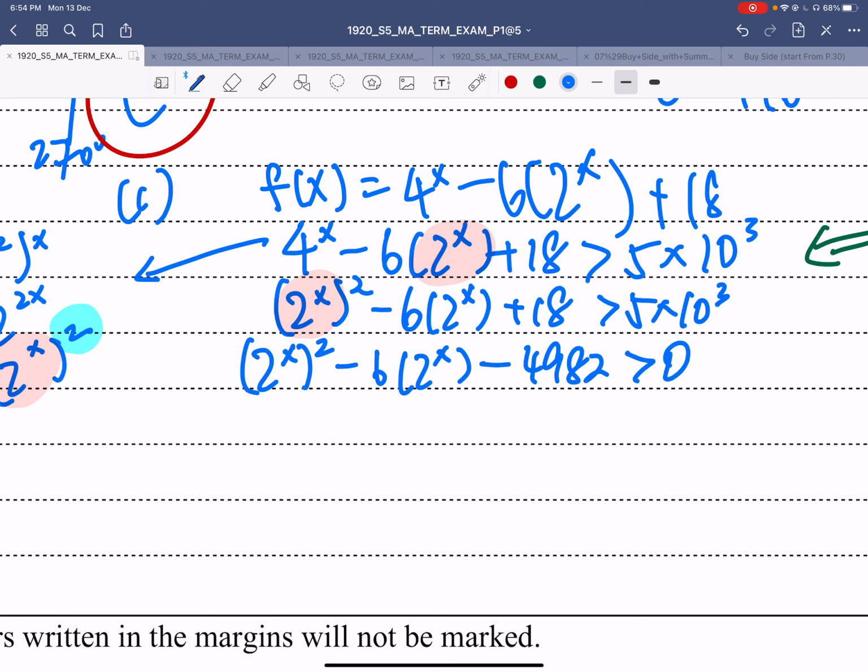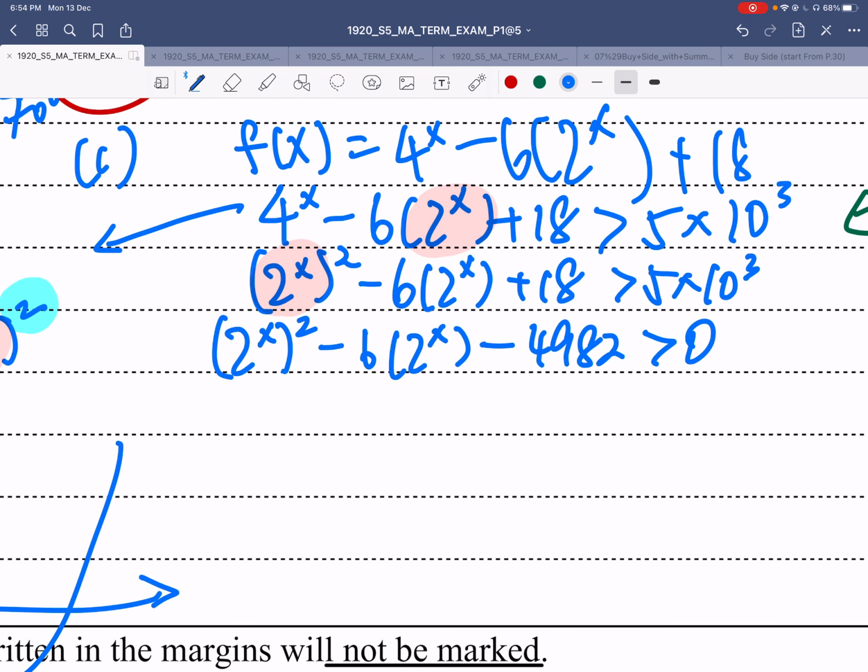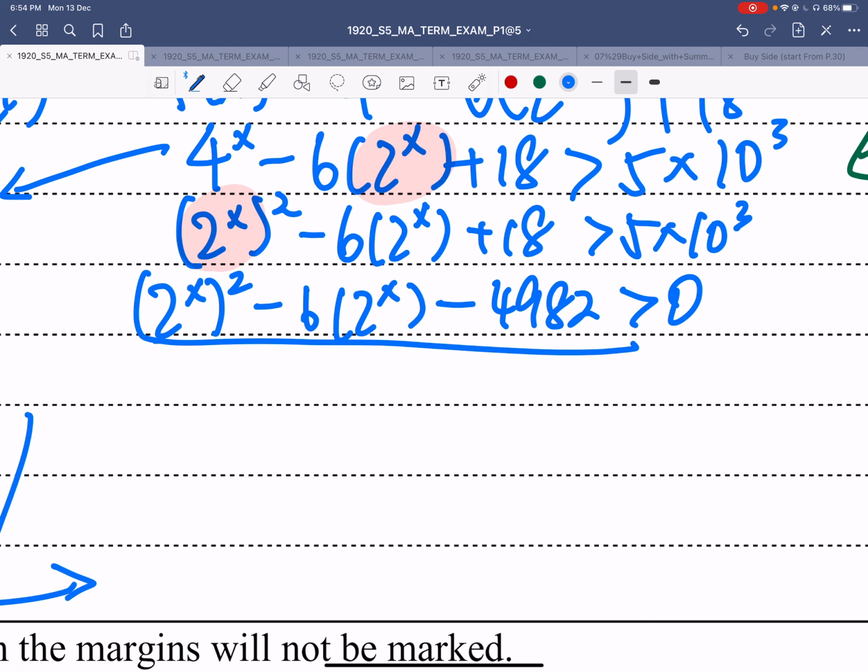So you can actually draw a curve like this using the quadratic inequalities method. Okay, and then solve this equation. What is larger than 0? Solve this equation.